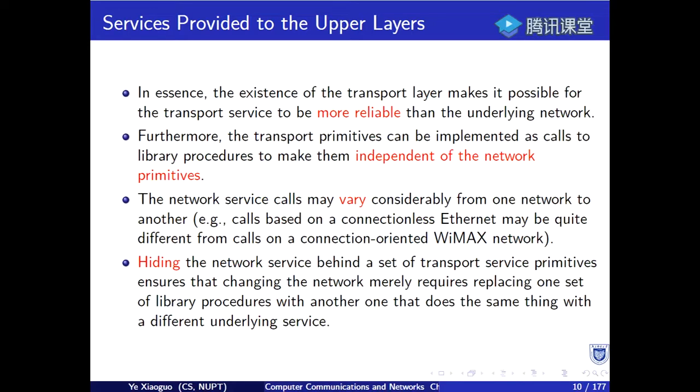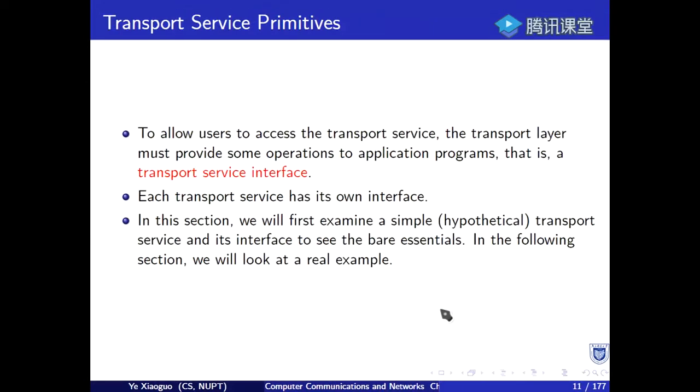So hiding the network service behind a set of transport service primitives ensures that changing the network merely requires replacing one set of library procedures with another one that does the same thing with a different underlying service. So this is the advantage of the layered network architecture, right?